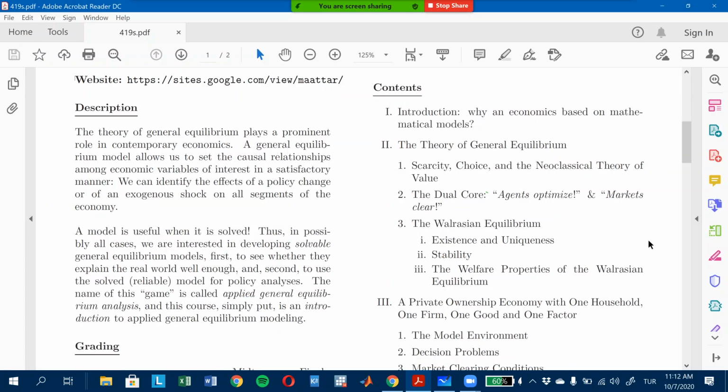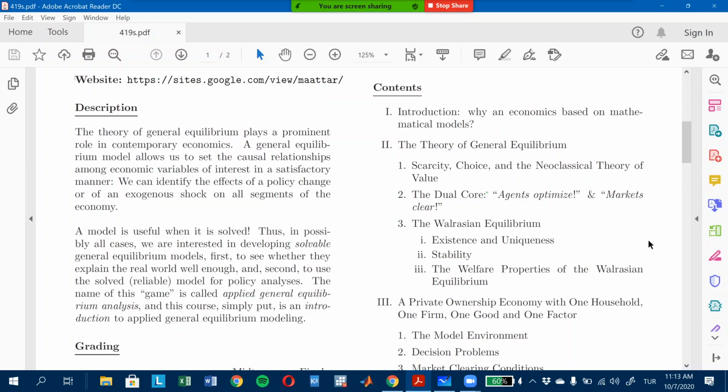So, what does it mean to have scarcity? What is choice? What is value? Think about these things because we're going to see that the Walrasian equilibrium or the general equilibrium we're going to study will have positive properties such as existence, uniqueness, and stability, but also normative properties.